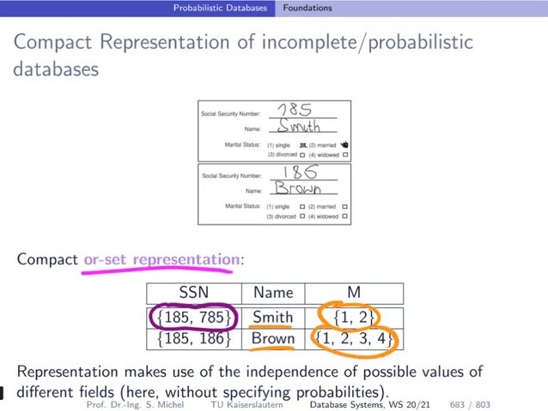For instance, Smith could have a social security number of 185 or 785, could have a single status or married status, and here we have Brown with 2 choices in a social security number and 4 choices for the marital status because he or she did not mark anything. And now from that, of course, we can also derive possible worlds.